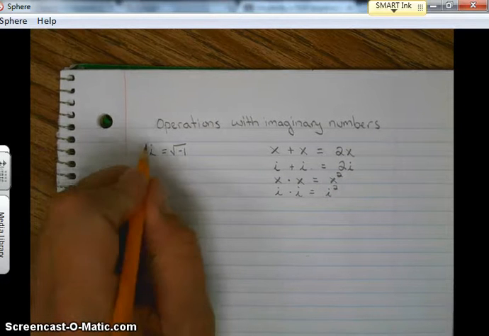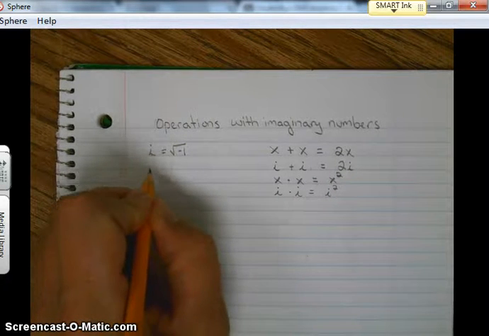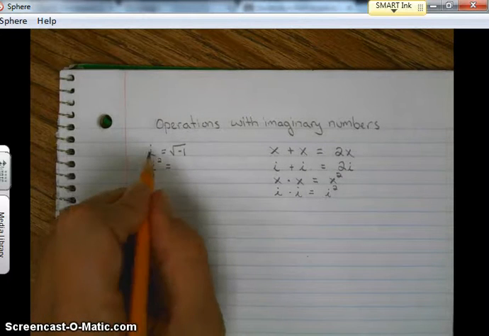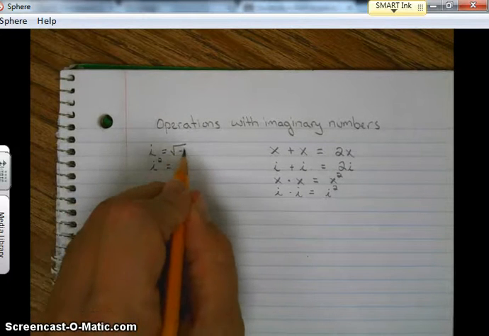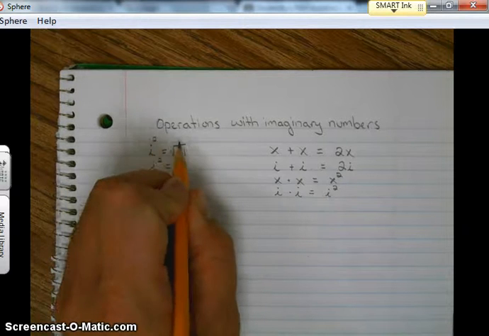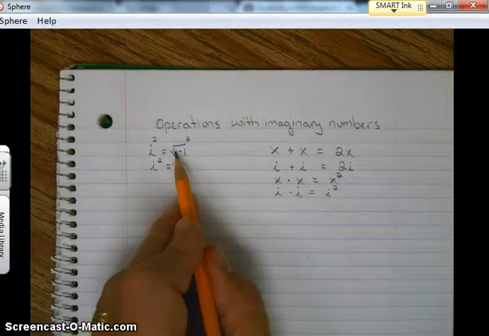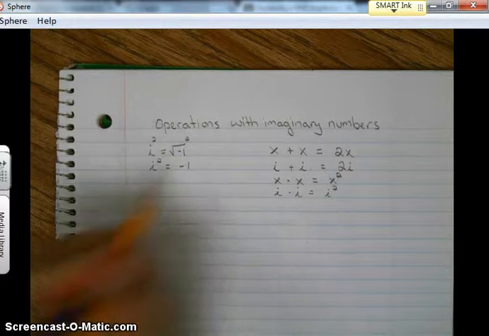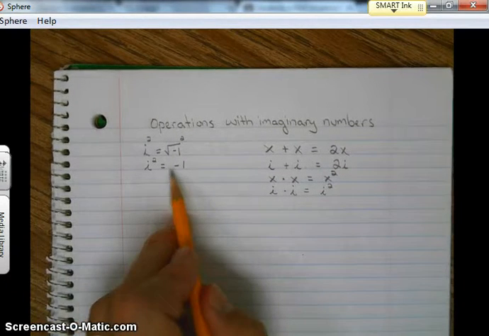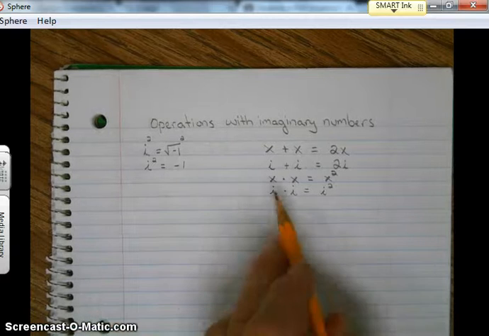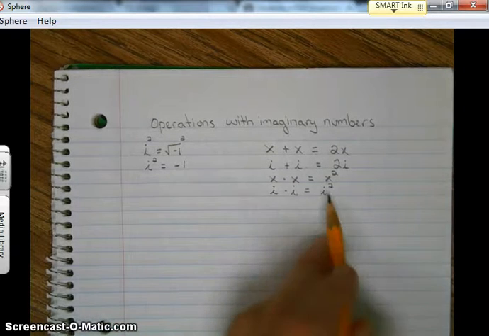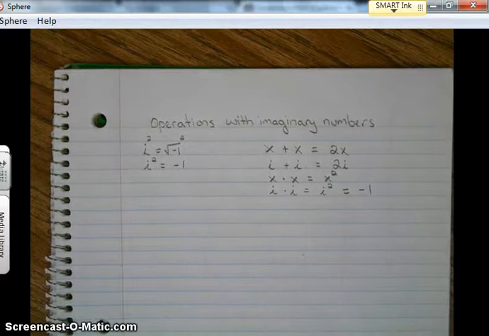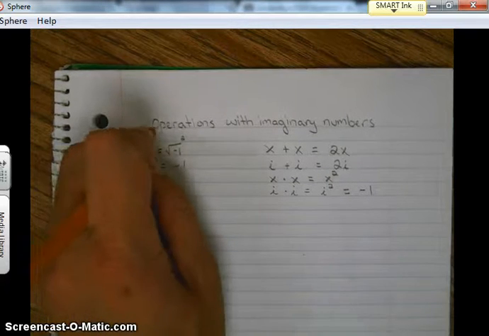So if we square the left side and square the right side, the square cancels out the square root, leaving us with -1. So i squared is equal to -1. If I did i times i, I'd get i squared, which is equal to -1.